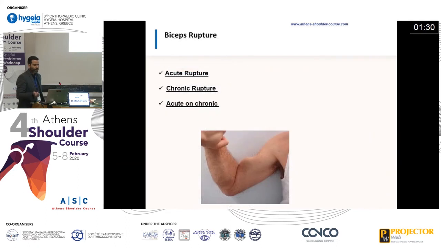If we have a biceps rupture, the distal biceps tendon, when it's ruptured, we definitely want to anchor it down to the radial tuberosity. The long head of biceps is not really a problem, even if it's an acute rupture, a chronic rupture, or acute on chronic rupture. This is the Popeye sign. All the muscle belly goes down to the humerus because the long head of biceps tendon is not attached to its insertion.